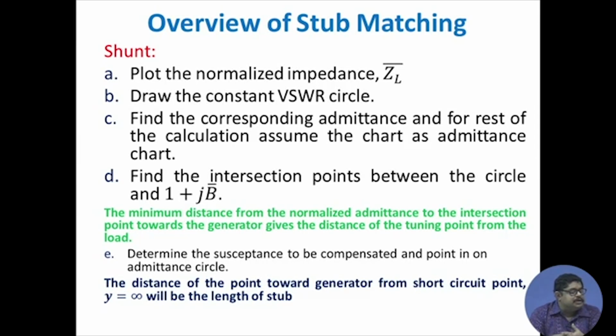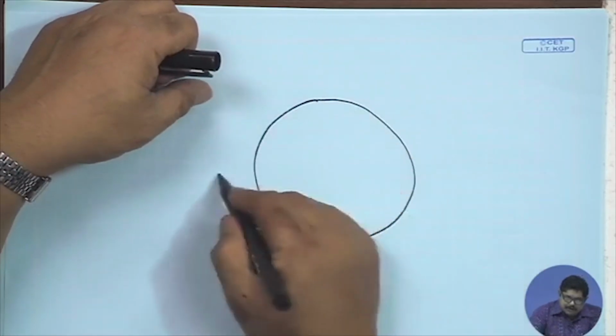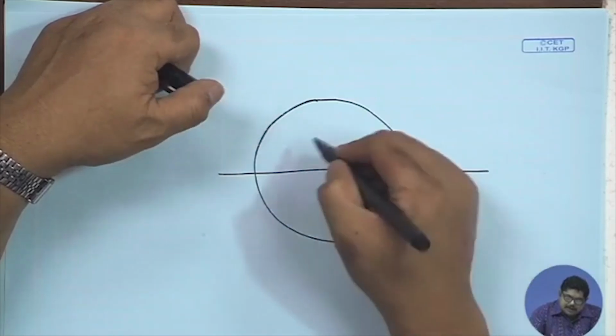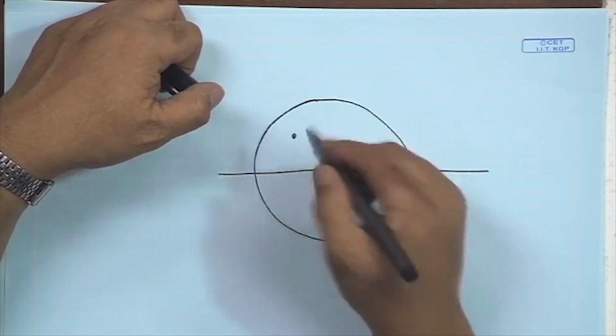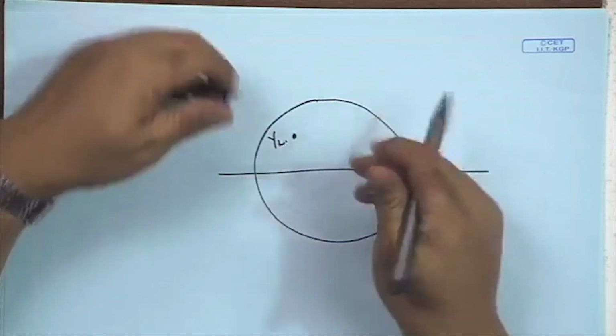The minimum distance from the normalized admittance to the intersection points towards the generator gives the distance of the tuning point from the generator. What we mean is, suppose this is our Smith chart. Now, in that Smith chart, suppose I have located up to this, you are familiar, suppose this is my load.